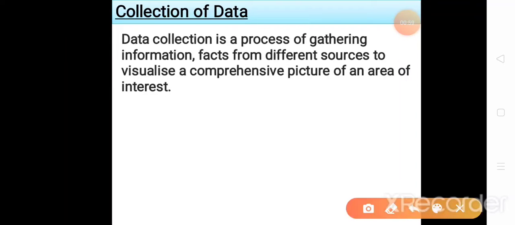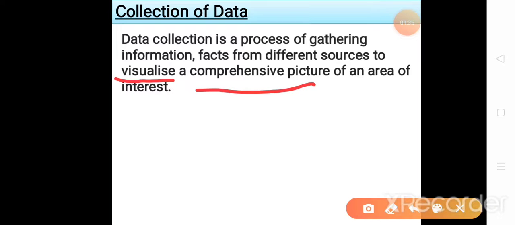Now, why is collection of data done? So that we can have an overall picture, or a detailed picture, of the area we want to work upon, our area of interest. For example, suppose we want to know the tallest height a person can have in a class, as well as the shortest height. So what do we have to do? We have to go to the students of that particular class and collect the information regarding their height.